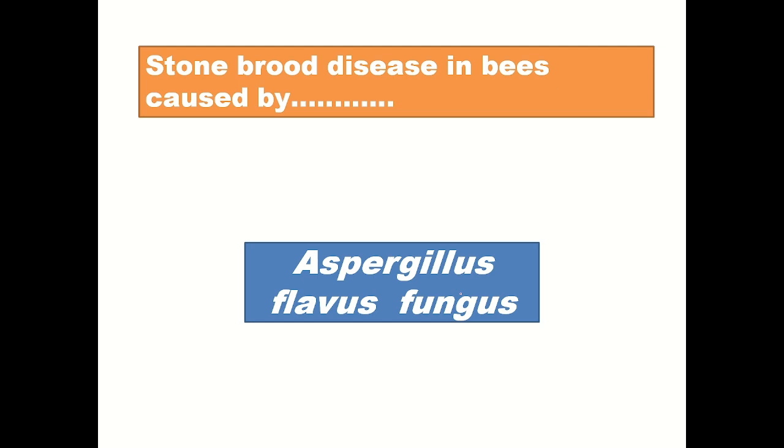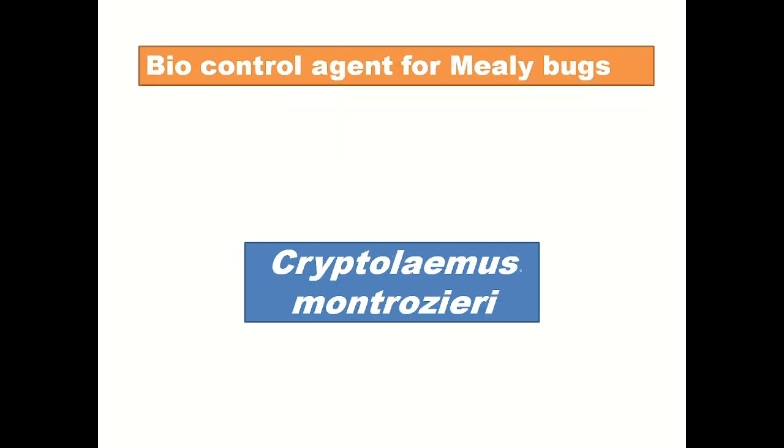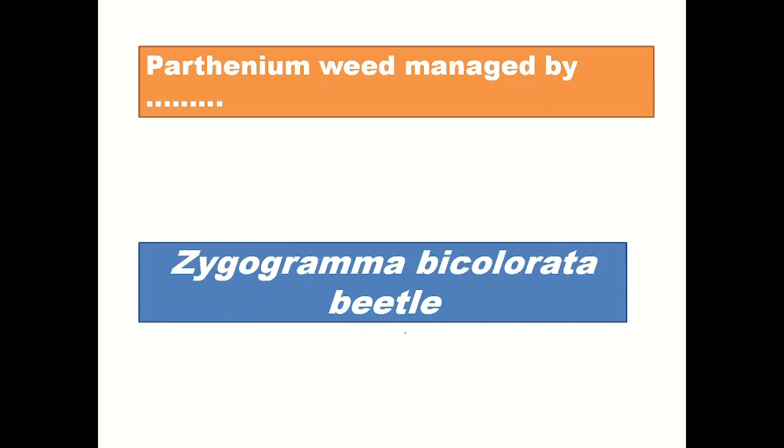Stonebrood disease in bees is caused by Aspergillus flavus fungus. Biocontrol agent for mealybugs is Cryptolaemus montrouzieri. Parthenium weed is managed by Zygogramma bicolorata beetle.